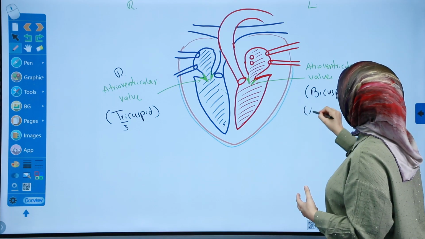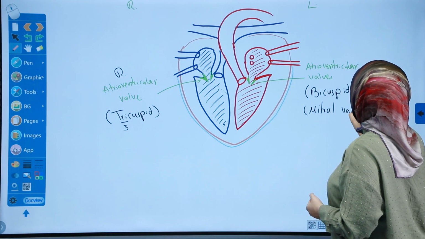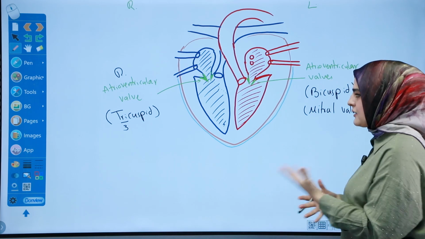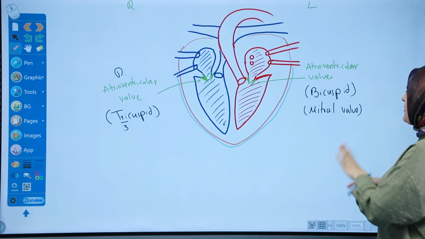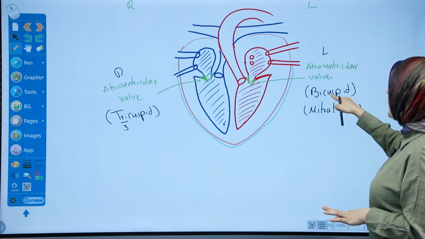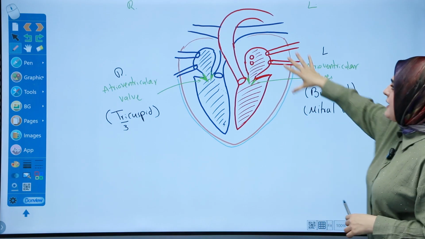So they call it mitral valve because the hat type is called mitra, and they named it this way. You can search it up if you want to. So we have three names here. Left atrioventricular valve, also called bicuspid, also called mitral valve. We're good.